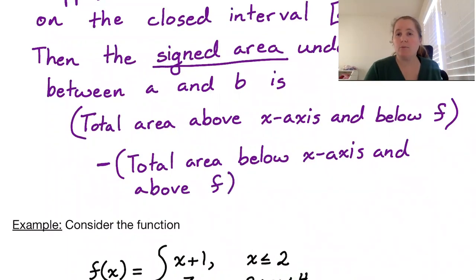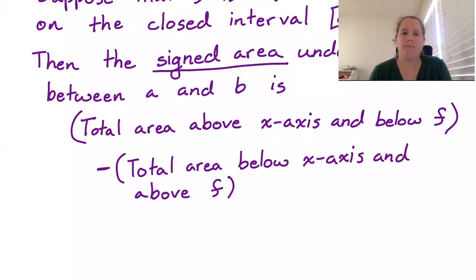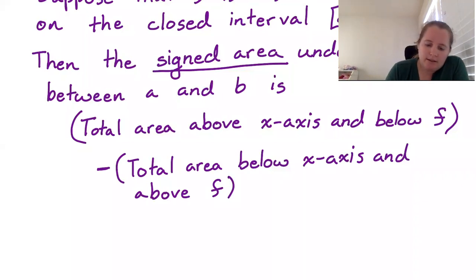I need to give myself more room. So now that we have more space, just a note that this is basically what we were finding in the previous area. This subtraction sign is essentially accounting for the negative height for the things that are below the x-axis.